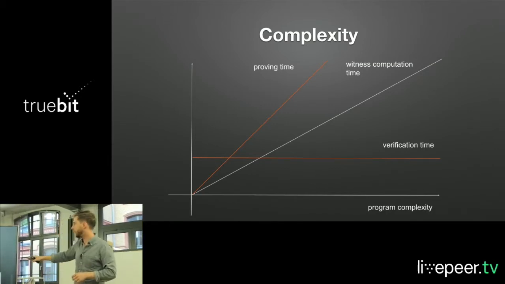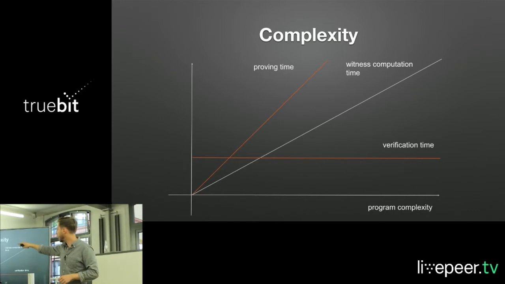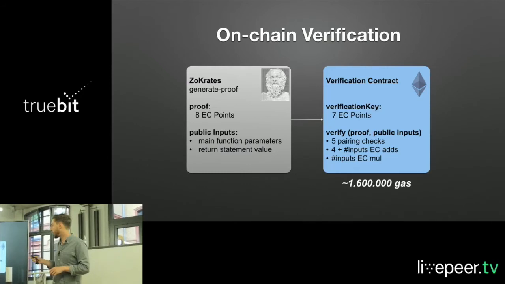That's the key insight from this slide basically. When you have a more complex circuit, the proof generation time goes up and the witness computation time goes up, but they're both off-chain. And the on-chain part, which is the verification, stays constant in cost. So that's why we can also put a fixed gas value on that.